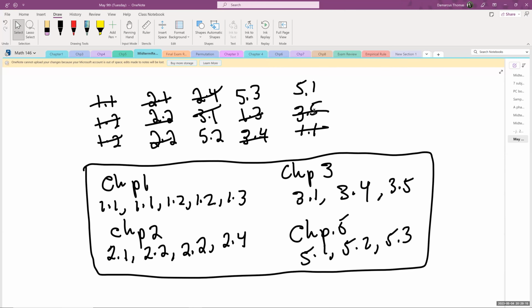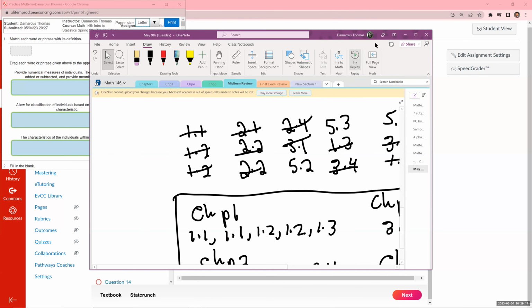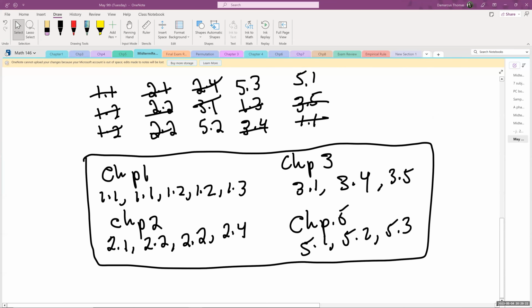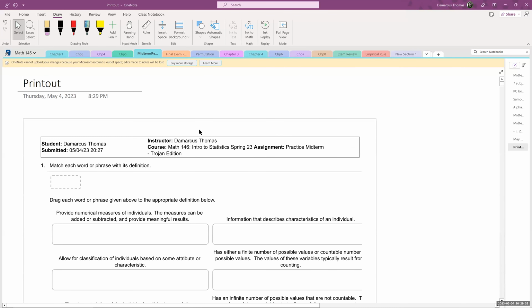All right, my OneNote is filled, so I don't know if I'll actually print, but there we go. I decide to print it here, and voila.